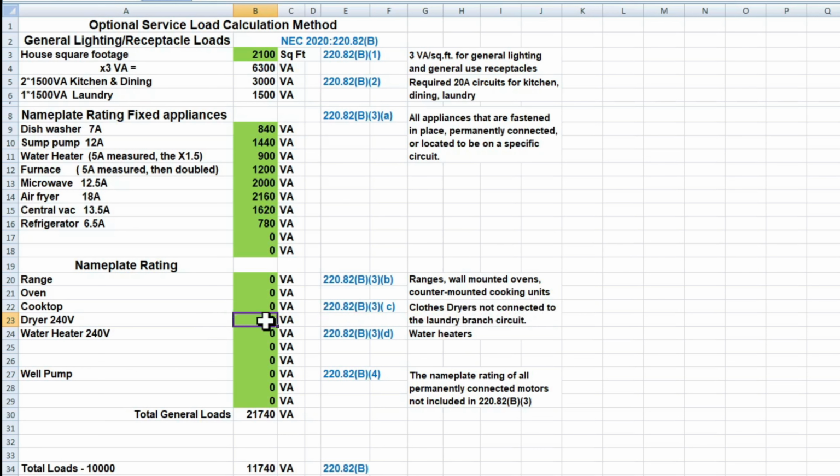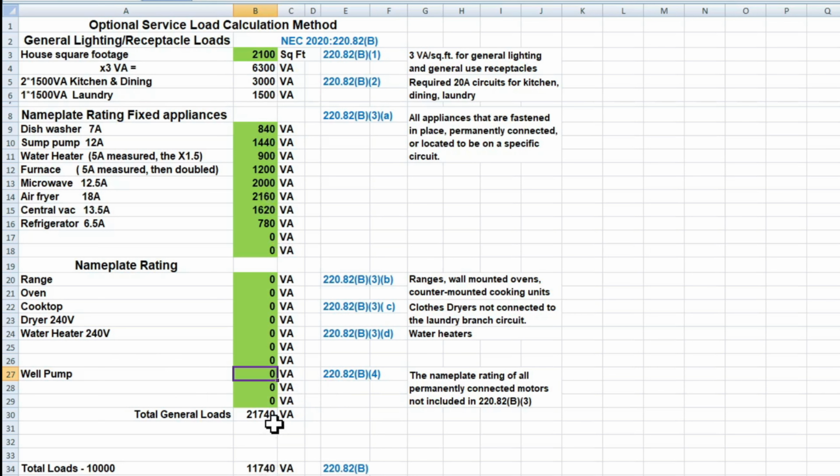I don't have an electric clothes dryer. Water heater, 240 volts. I don't have an electric water heater, but that's 220.82(B)(3)(D), water heaters. And then down here, 220.82(B)(4), the nameplate rating of all permanently connected motors not included in 220.82(B)(3). So I gave the example of a well pump, but I don't have one.